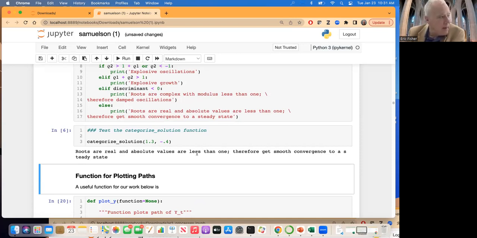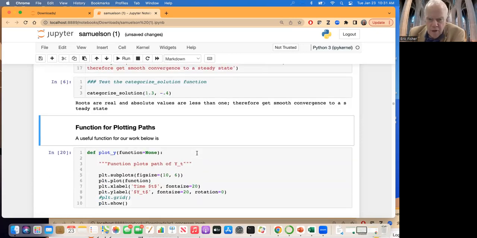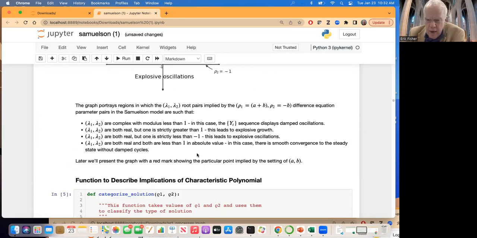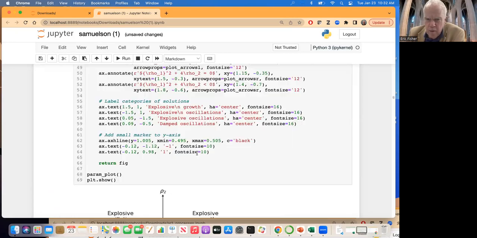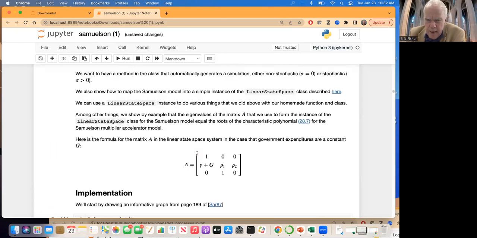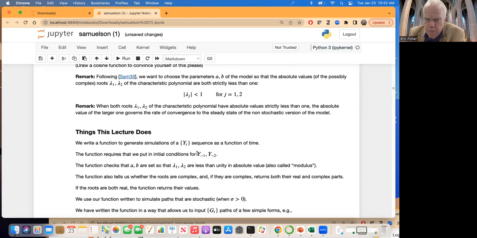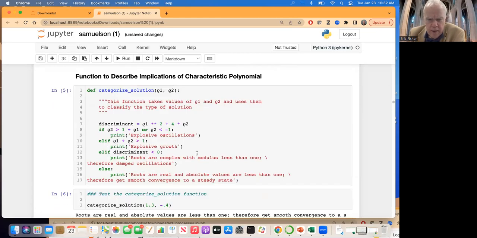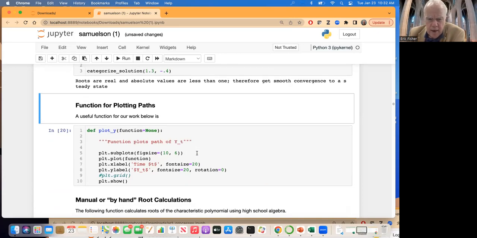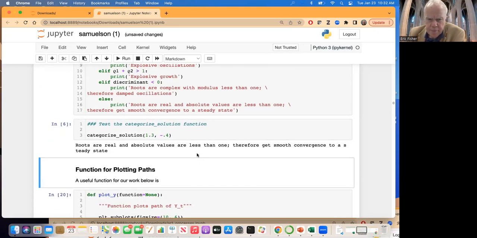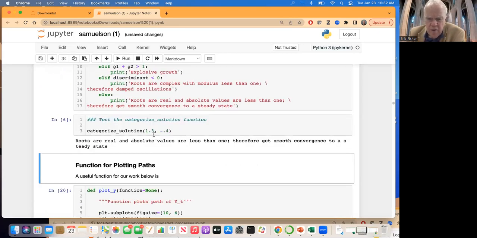So what am I going to get? Remember the solution is going to be lambda 1 raised to the t power and lambda 2 raised to the t power. Since both of those are less than 1, it's going to damp down and go to 0. If I just plug in these numbers, 1.3 and negative 0.4, I get this.